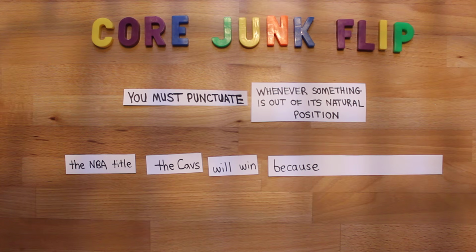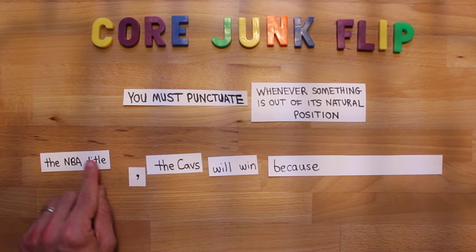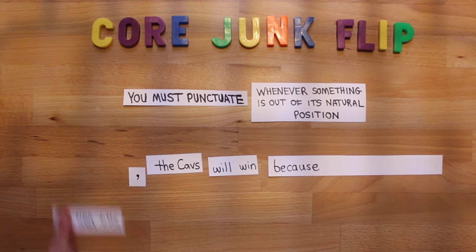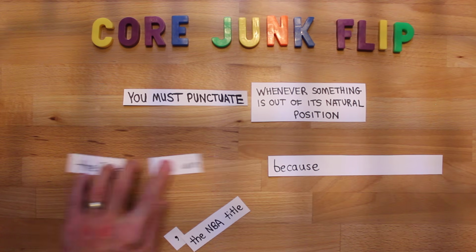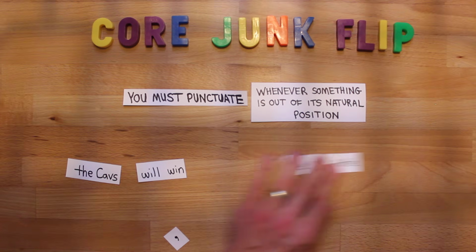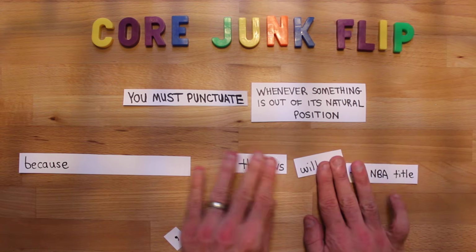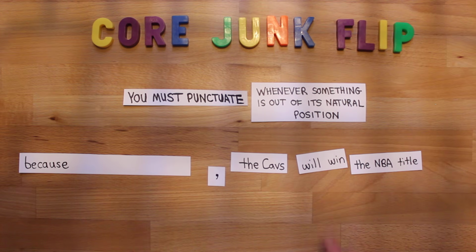But I'm forgetting something. This needs to be a comma. Why? Because this is out of its natural position. You can move your "because" phrase: because LeBron is better than every player on the Golden State team, comma, the Cavs will win the NBA title, period. Why the comma? Because this is out of its natural position.